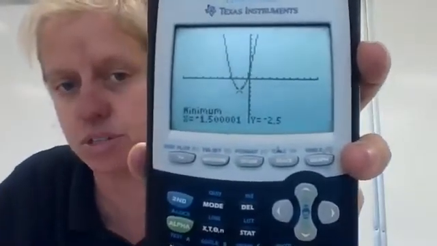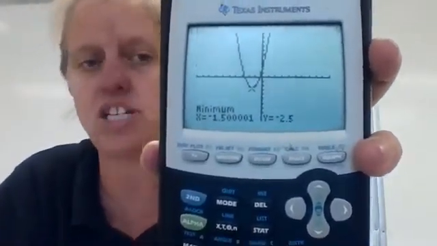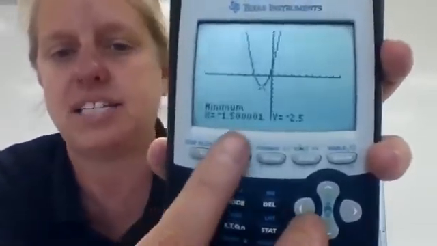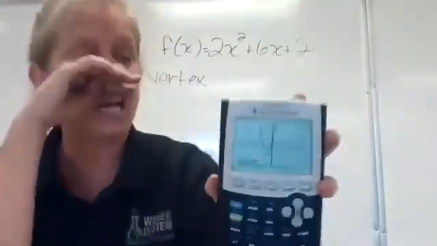This one has decimals. So we are going to run into an issue, but let's write this down. This one's vertex is at negative 1.5, negative 2.5.